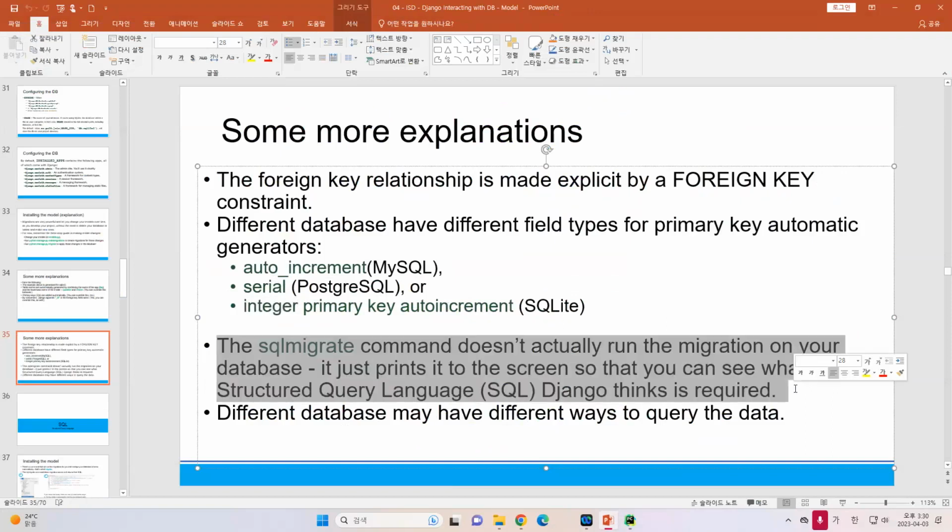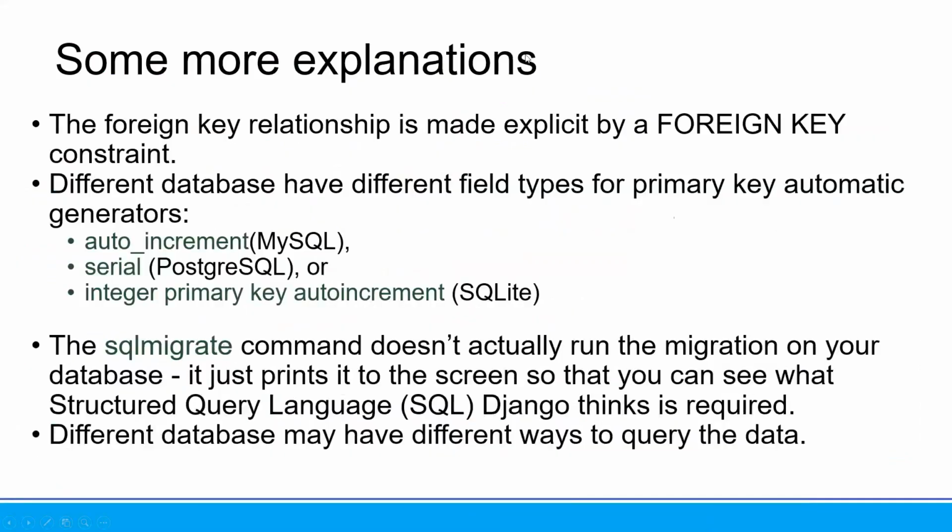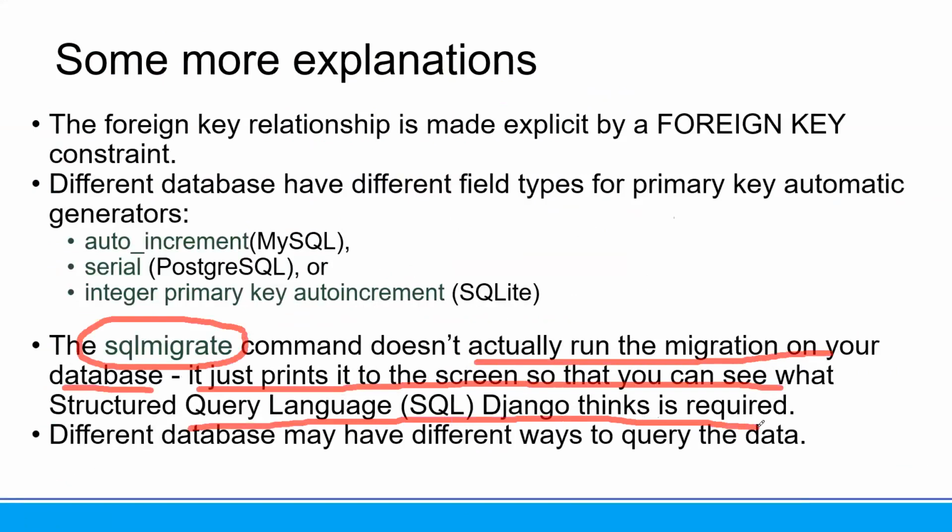If you learn it for the first time, SQL migrate does not actually run the migration on your database. So please distinguish between this SQL migrate and the SQL that you will learn. It just prints to the screen so that you can see what SQL Django thinks is required.